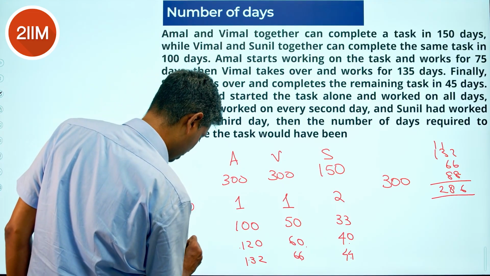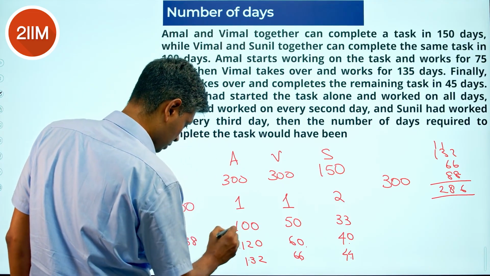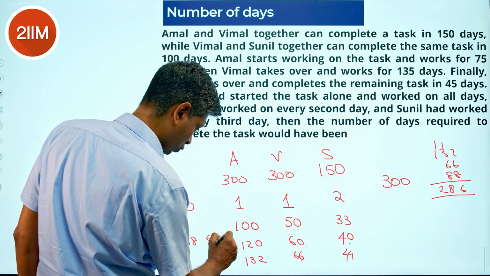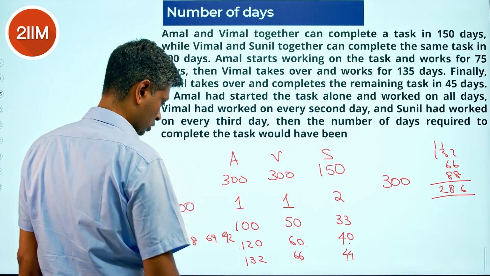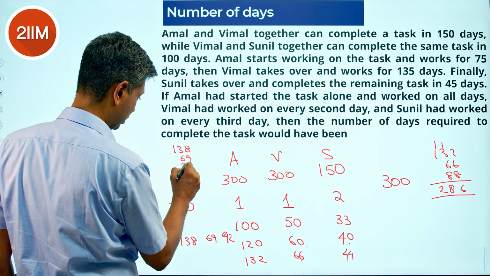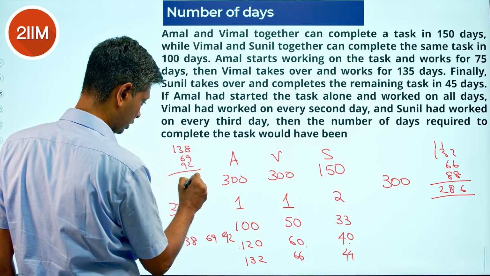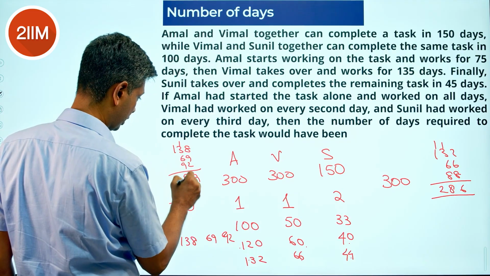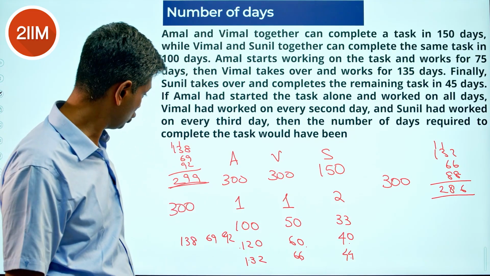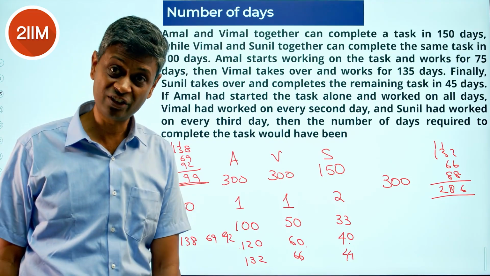So this is 138. Half of that is 69. One-third of that is 46, into 2 is 92. 138 plus 69 plus 92 is 299. So they work for 138 days.